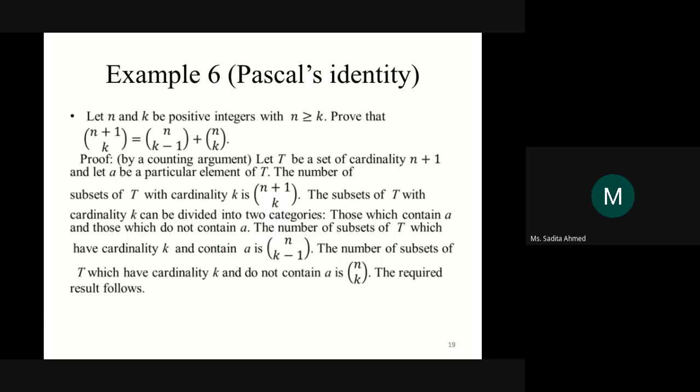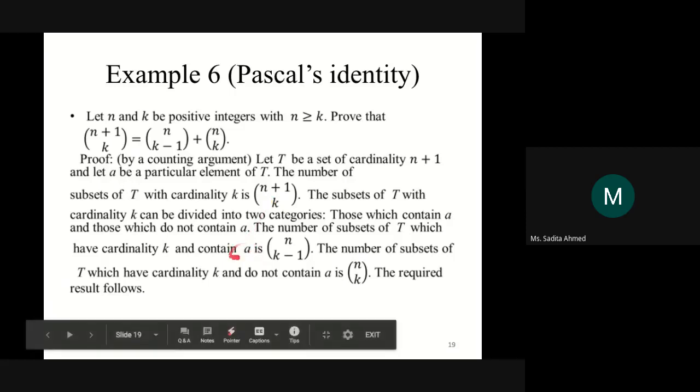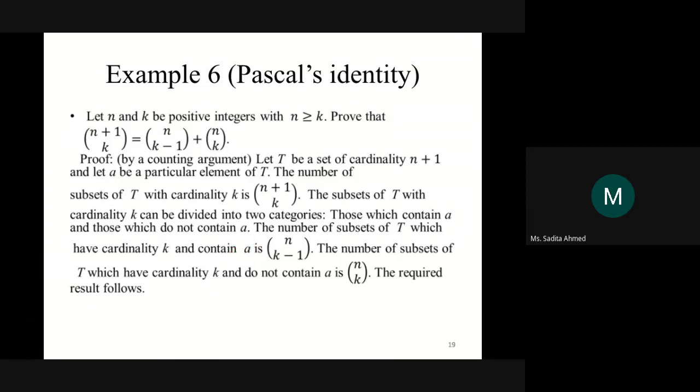So if you've already chosen one of the elements, do you still have to make k choices? No. We've already made one of the choices. I said A will be there, so one choice is done. One element of the subset has already been chosen. So the number of choices left to be made is k minus 1.